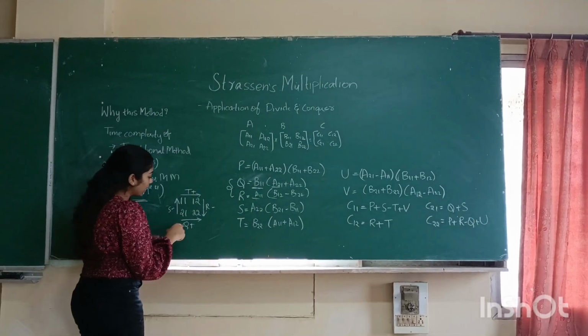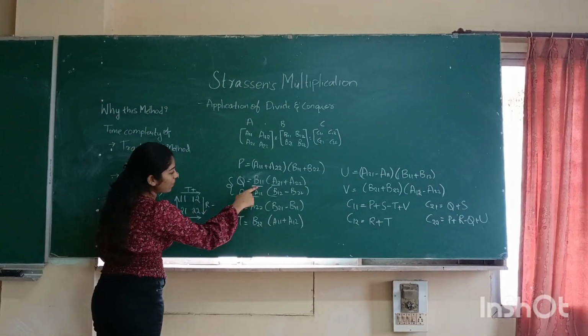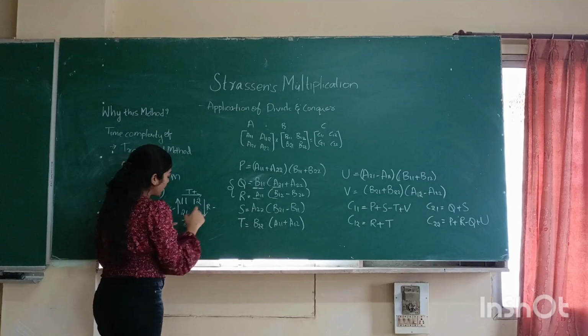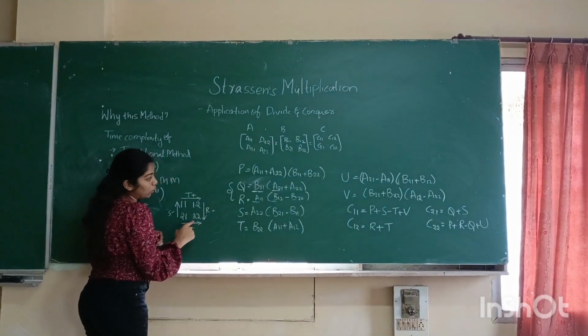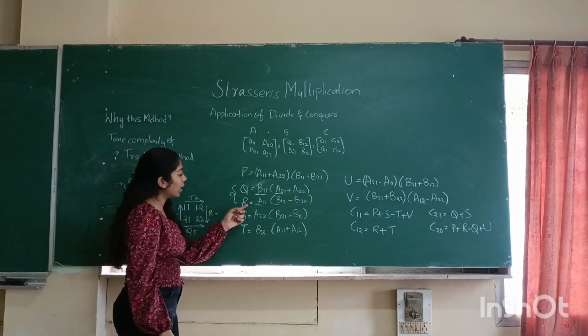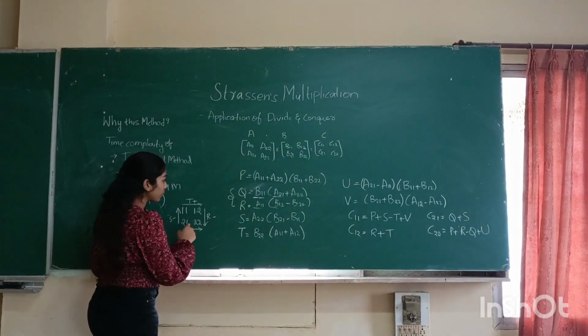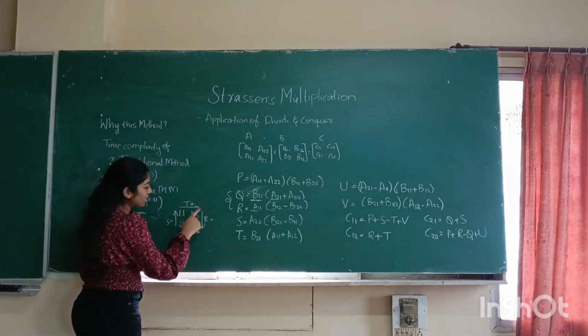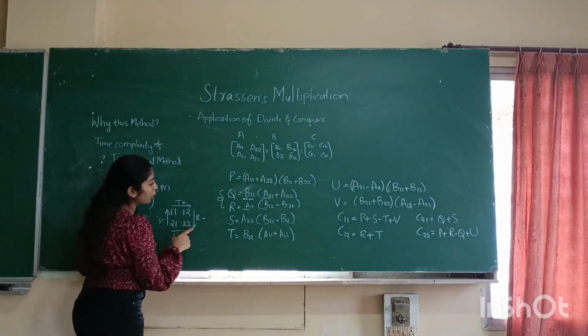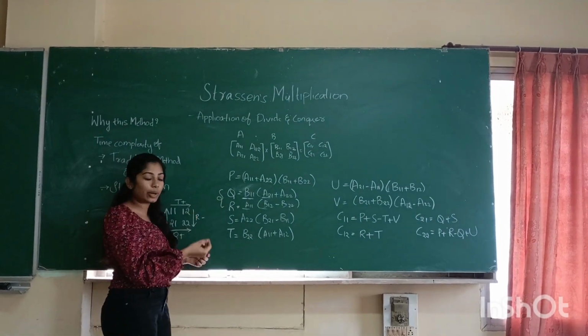Q is given as A21 plus A22, since it is B outside, inside we take A. Coming to R, it is A11 into, inside should be B, so R is given as B12 minus B22. Like that we get the formulas for Q and R.